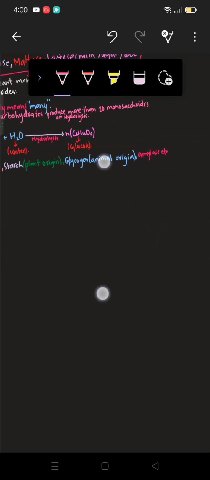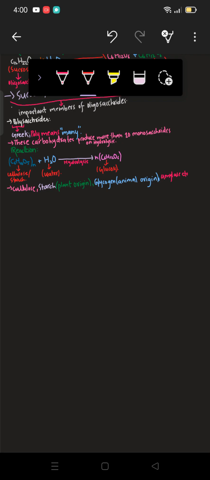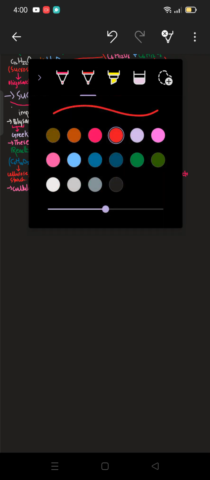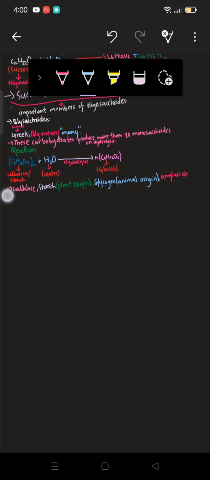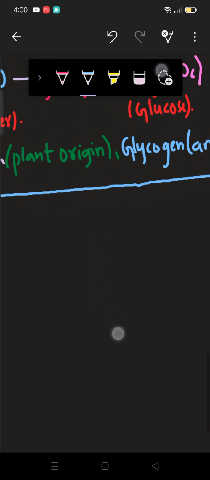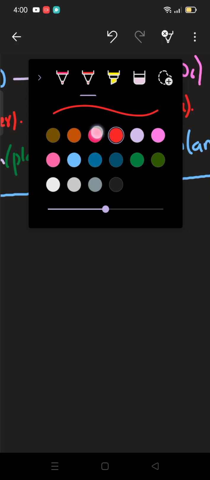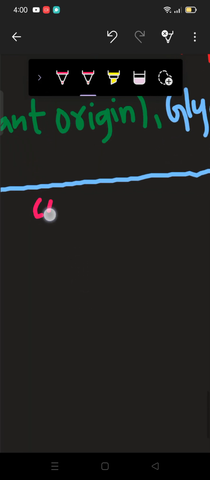So these are all what? These are all common polysaccharides. Let me write this down: common polysaccharides.